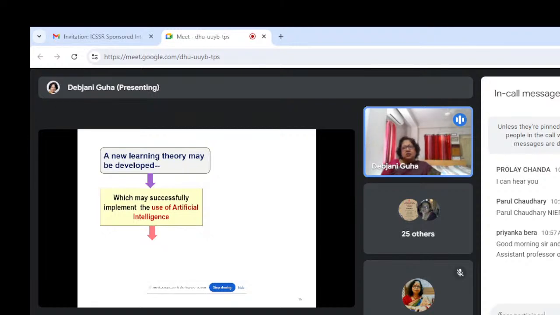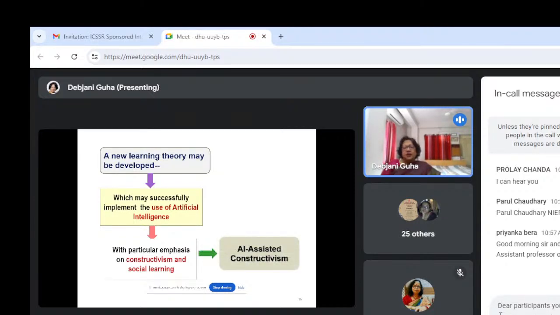And I suggest incorporating different elements from all of these theories which I have already narrated, with particular emphasis on constructivism and social learning. And the new learning theory will be called AI-assisted constructivism. Basically, AI-assisted constructivism is an approach that is concerned with the practicalities of artificial intelligence.